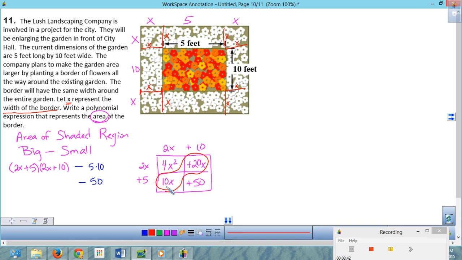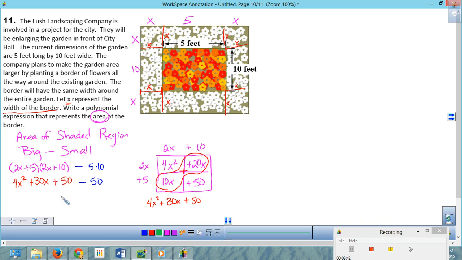So, now you have the middle part, which is 10 times 20, which is 200. Oh, sorry. Back that up. It's not 10 times 20. It's 10x plus 20x, which is 30x. Okay? And the 4x squared will come down, plus the 30x, plus the 50. Okay? And so, you'll get 4x squared plus 30x plus 50.